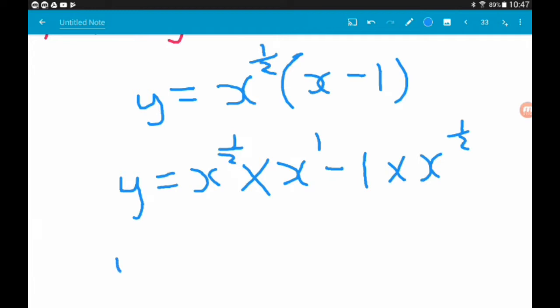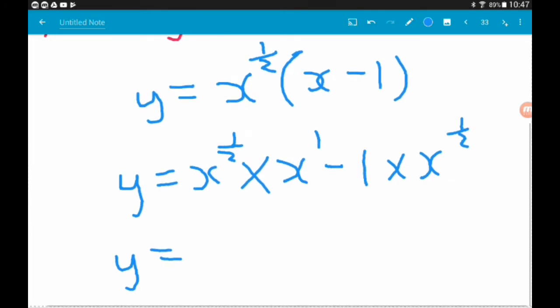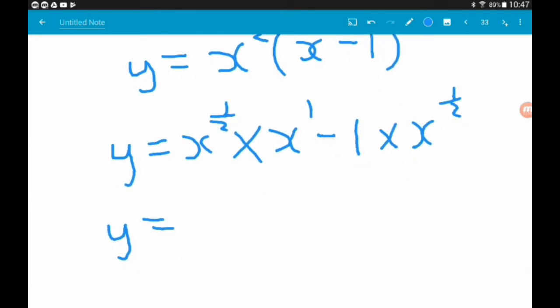So, when we've got x to the 1 half times x to the 1, that's going to become x to the power 3 halves. And then minus 1 times x to the half, we can just write as minus x to the half. So there's our function, expanded and simplified.